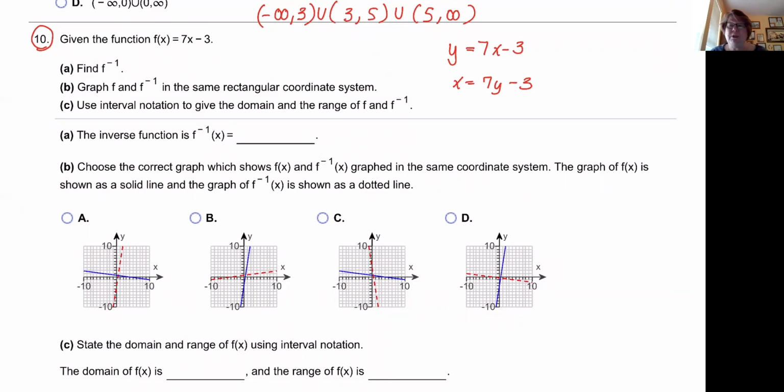However, we do need to solve this for y to determine if the inverse is a function. All right, so we need to solve this for y. And I'm going to do that by adding 3 to both sides, and then divide by 7. And that is a function.